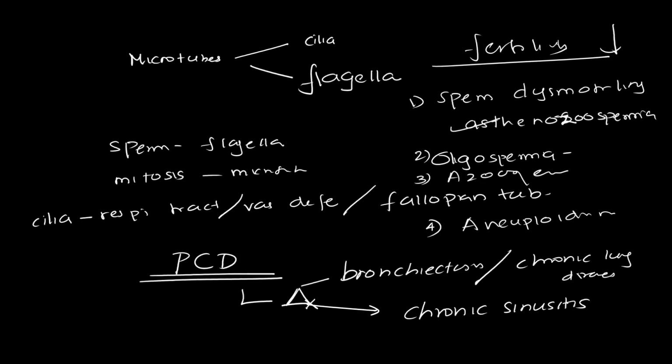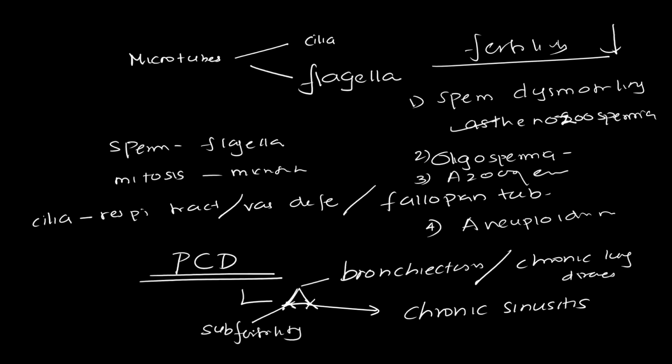The third part of the triad is because of the malfunctioning of the vas deferens. The cilia in the vas deferens will not act well, hence the sperms are not transported. Therefore, there is a possibility of subfertility, especially in males.